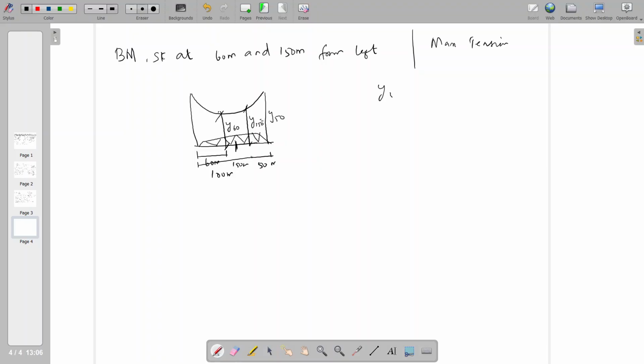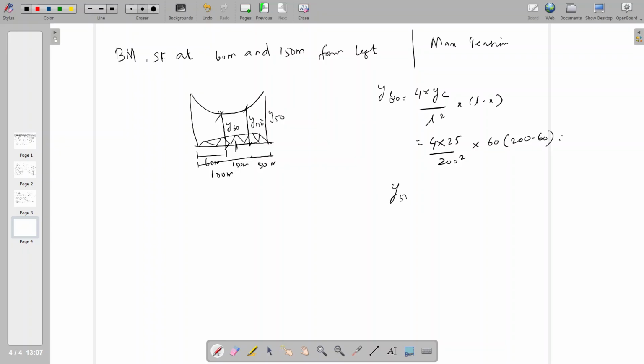So y at 60 meter, use the parabolic equation 4 yc by L square into x into L minus x. Here yc is the maximum dip of cable, 4 into 25 by 200 square into x is 60, L is 200 minus 60. You will get one answer.